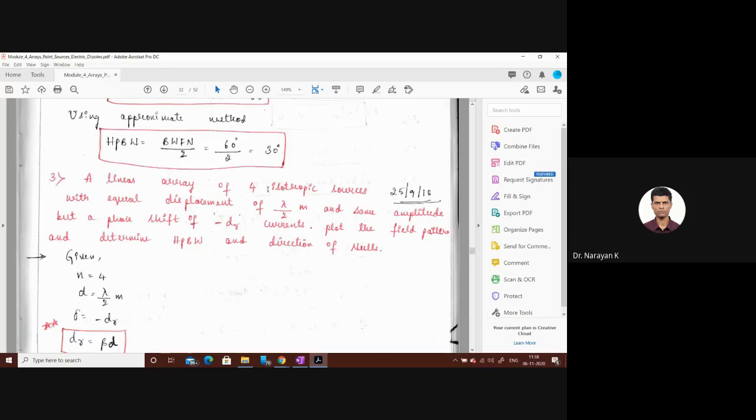A linear array of 4 isotropic point sources with equal displacement of lambda by 2 meter, but a phase shift of minus dr current.